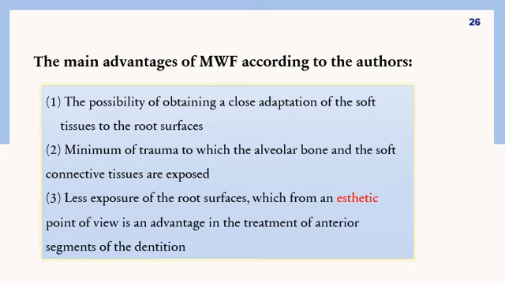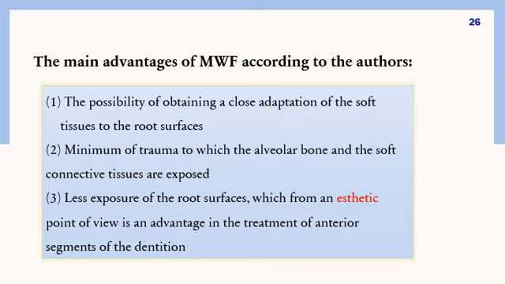First, in a Modified Widman Flap, we have the possibility of obtaining a close adaptation of the soft tissues to the root surfaces. The second one is that the Modified Widman Flap has only the minimum amount of trauma to the alveolar bone and the soft connective tissue.